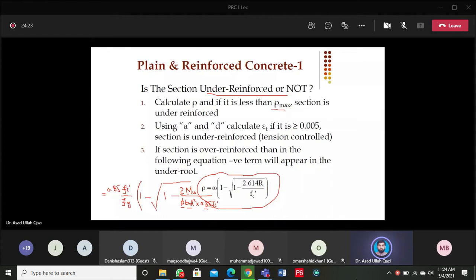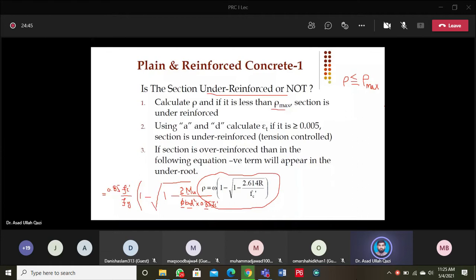If your rho is equal to or less than rho max, and I mentioned in the lecture that you should try to memorize the rho max equation as well, because it will be very frequently used in reinforced concrete design.